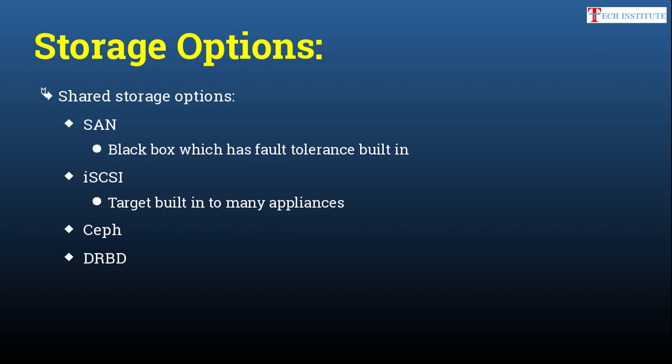You will come across DRBD in most cases in cloud solutions, because in the cloud you will not have much shared storage option, so you need to use DRBD to keep the same data synced between multiple nodes. Then you can always go with external NFS or CIFS, which are network file systems. Many solutions use NFS or CIFS as a shared storage option.